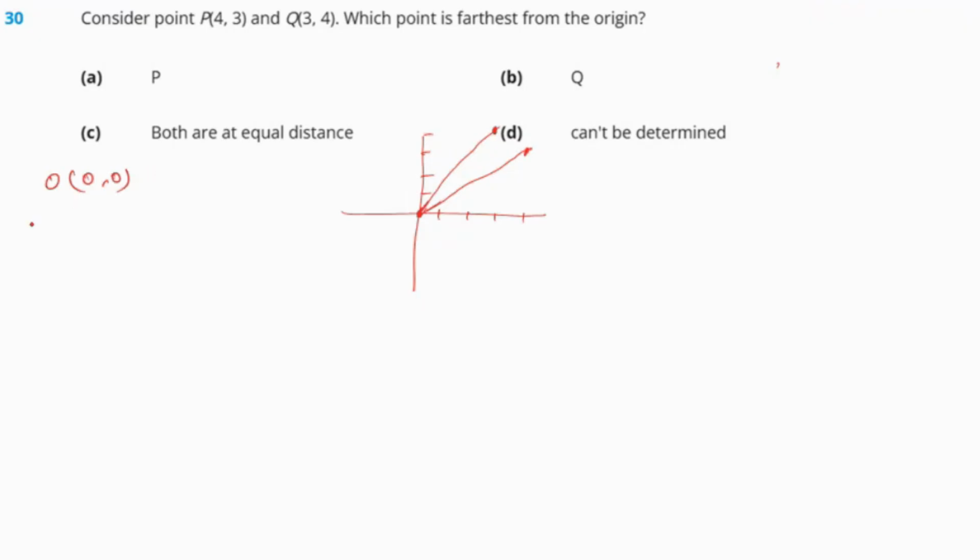If we figure out the length of PO, the distance formula is the root of x2 minus x1 whole square plus y2 minus y1 whole square. So we use 4 minus 0, which means 4 square, plus 3 minus 0, which means 3 square.